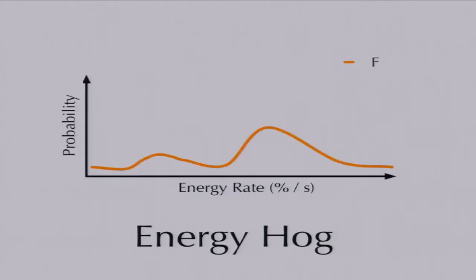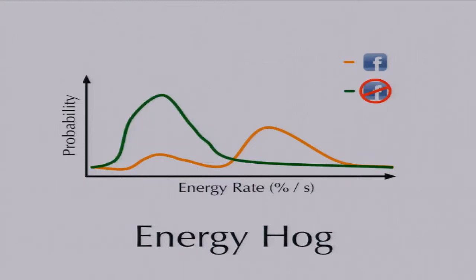So we can plot this as a probability distribution. It says, given a particular set of features, what is the rate of energy drain? And to be concrete, let's say that we're particularly looking at the feature of whether or not the Facebook app was running. So this is the distribution of energy drain when Facebook was running. So we can compare different feature distributions to each other. We could also ask then, what does the energy discharge look like when Facebook is not running?